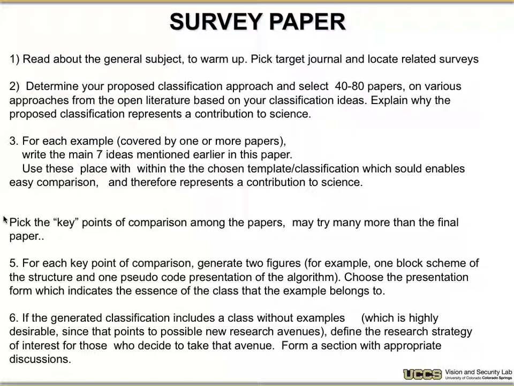So write it down early so you can look at it and say, I buy that, that's good, or it's not. You can share that with a team member or with anyone else in class and say, is this a good thesis? That's really what you're talking about, a thesis in the traditional English sense of the word. This is the main idea that this survey is going to cover. Here's a classification, and here's why that classification is important for people to understand.